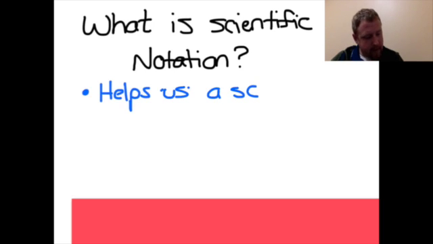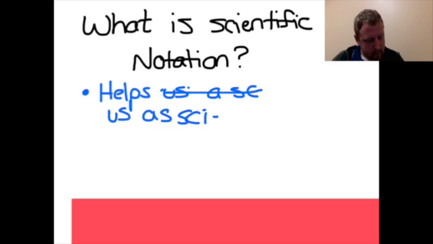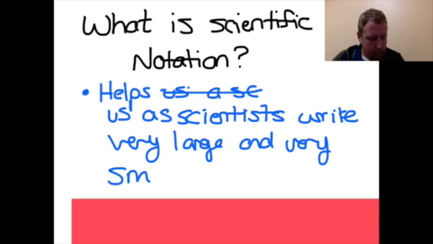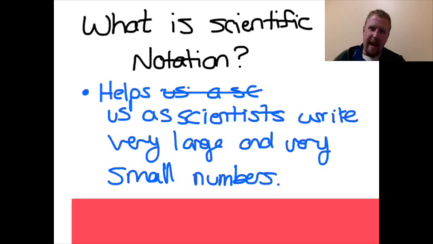It helps us as scientists write very large and very small numbers in a format that is useful to us. Okay? Let's go ahead and take a look at the basics.